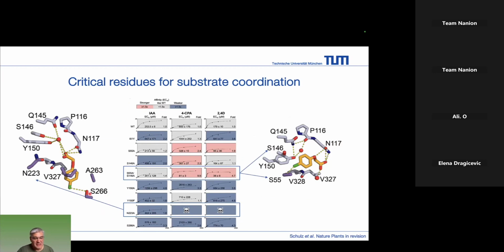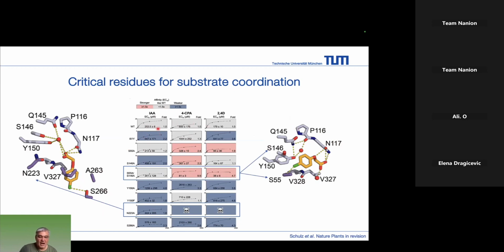Now, the other thing is, and this here is also the power of SURFER again, we again did point mutations that were identified to be critical for substrate coordination in a pre-binding state, and then for substrate binding in a binding state. And we determined the KD values, we determined the EC50s, and so on and so forth. And what you see here now is a heat map, and this is all normalized to the wild type protein.